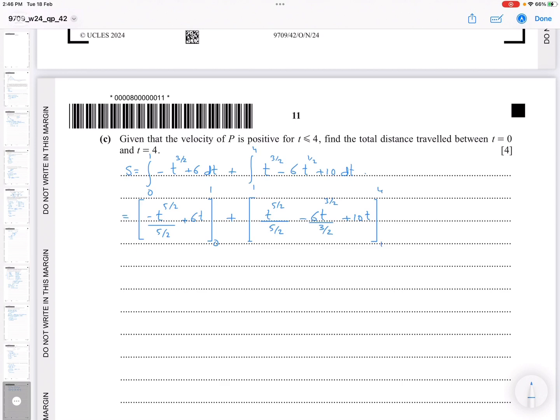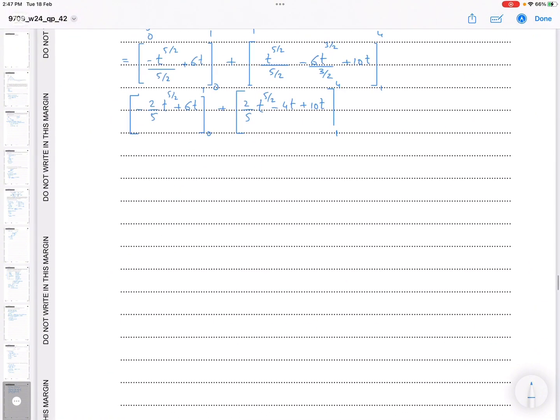So now simplifications. Minus 2 over 5 t power 5 by 2 plus 6t, 0 to 1 plus 2 over 5 t power 5 by 2 minus 4t plus 10t, and limits are 1 to 4. Now upper limit minus lower limit.